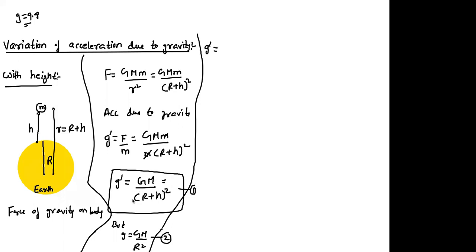To simplify calculations, I can write this as G M by (R plus h) square. So let's take R as common. If I take R common, then this will be (1 plus h by R) whole square. Is it clear everyone? I just take this R common. That means I'm dividing both the terms by capital R. So I divide the first term by capital R, so it becomes 1.